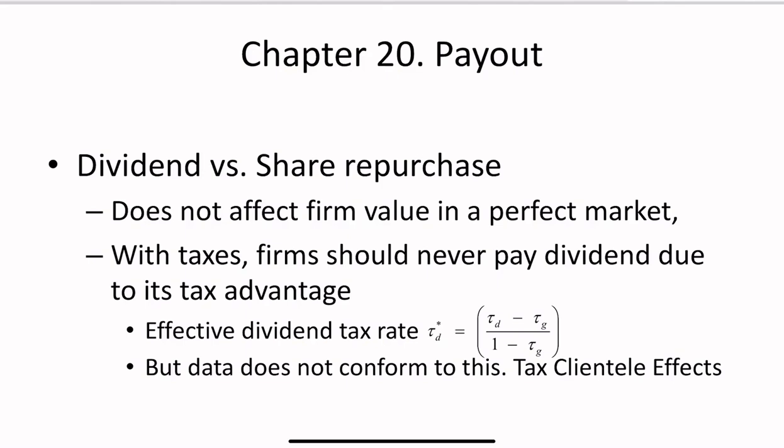Basically, even though on average the dividend tax rate is higher than the capital gains tax rate, in reality we have a lot of investors who actually don't pay taxes, right? One such example is if you have a tax-free investment account, then in this case, it really does not matter whether you get capital gains or dividends.